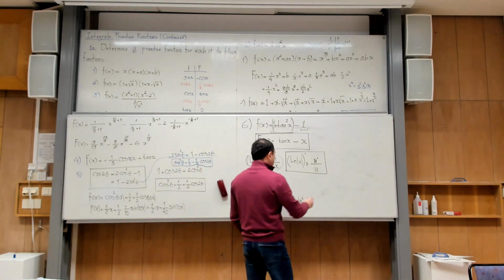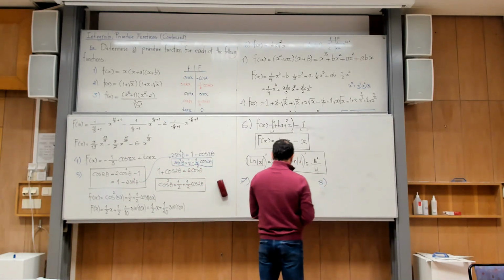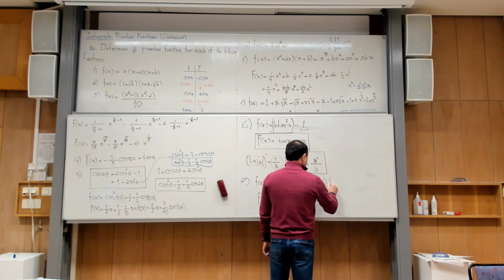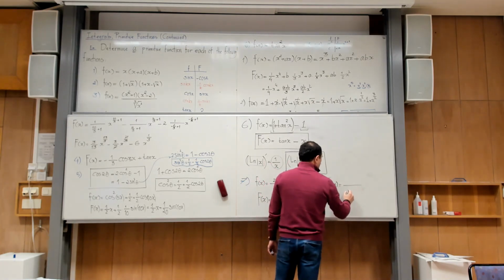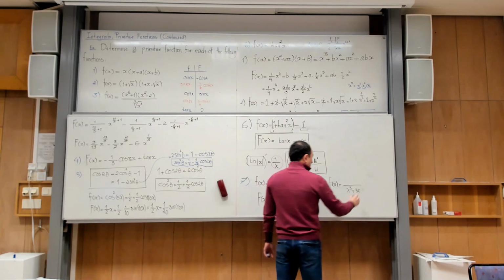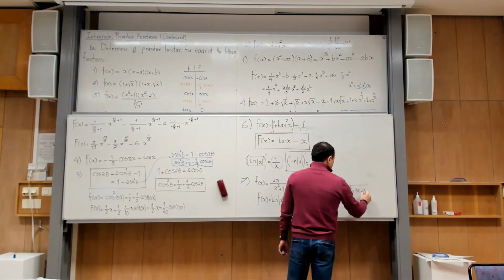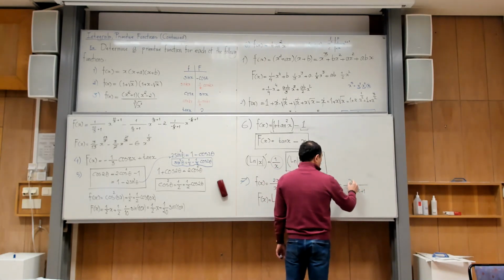So number 8. F of x equals to, so let me write x to the power of 3 plus 3x and then plus 1, x squared plus x.